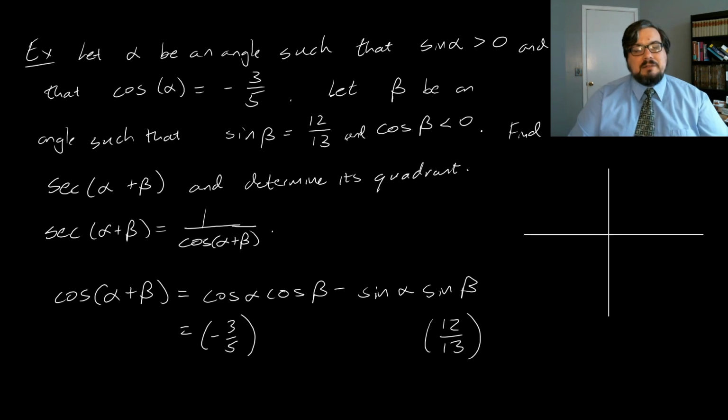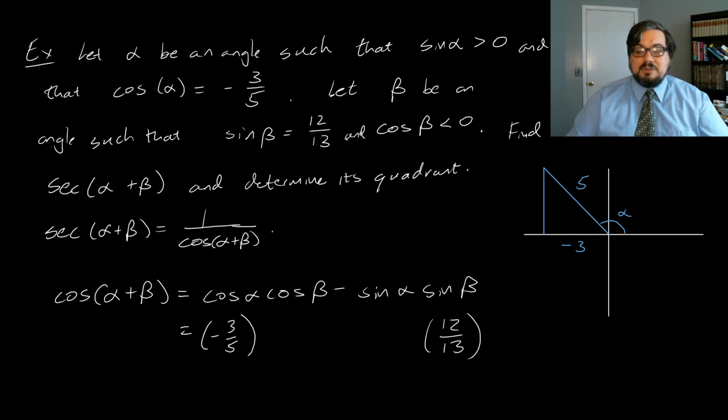Now, if cosine of alpha is negative 3/5, then that means that alpha lies in either quadrant 2 or quadrant 3. However, we're also told that sine of alpha is positive, which means that we need to be looking at quadrant 2, because sine of alpha is negative in quadrant 3. So our alpha must be somewhere here, where the cosine of negative 3/5 gives us side lengths of negative 3 and 5.